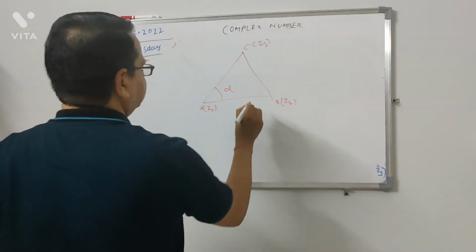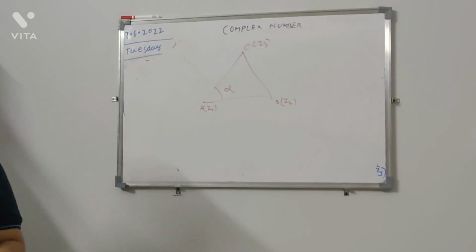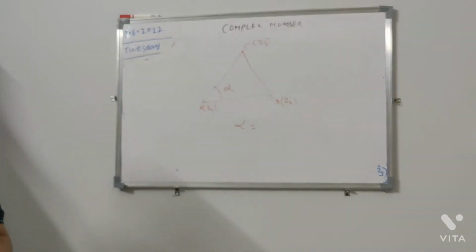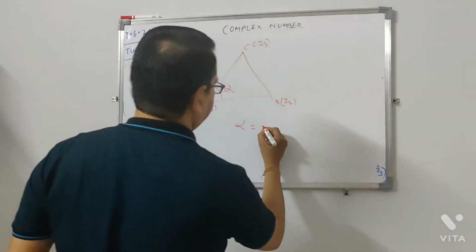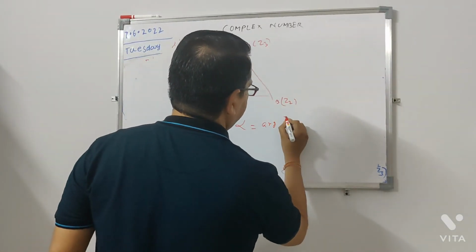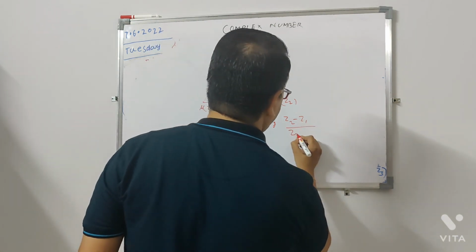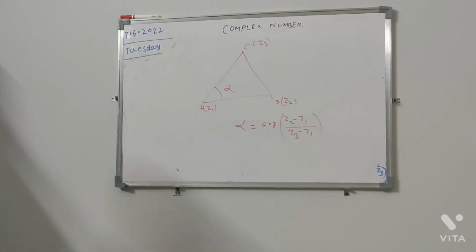Okay, so if this is my angle alpha, then alpha is equal to argument of (Z2 minus Z1) divided by (Z3 minus Z1). Okay, so this is the angle.